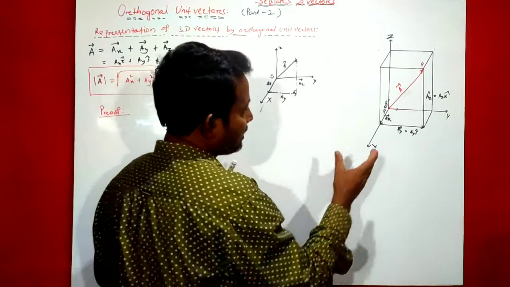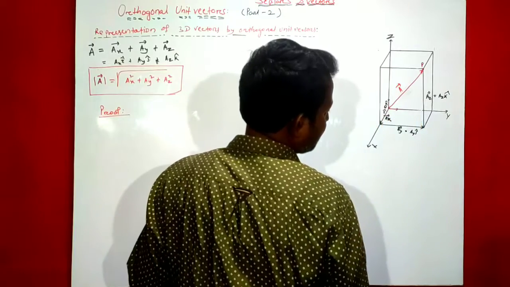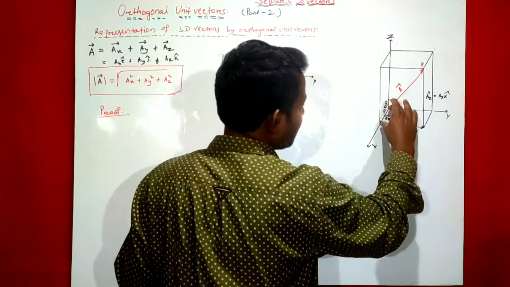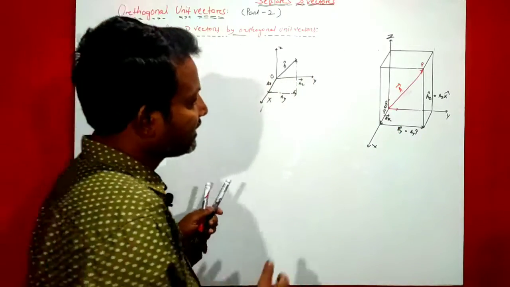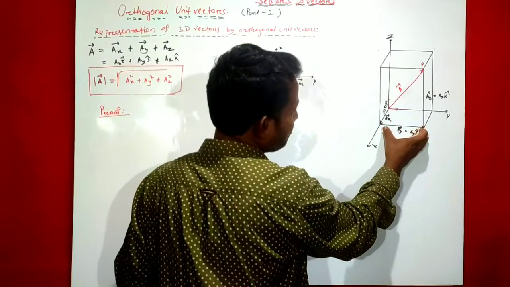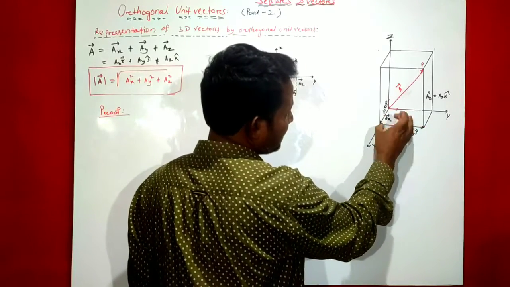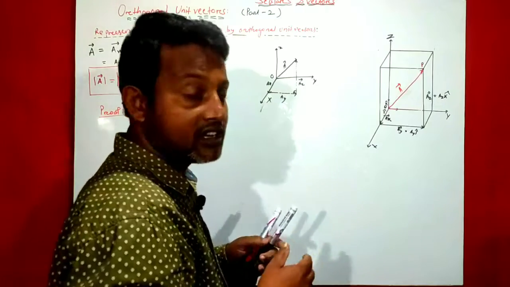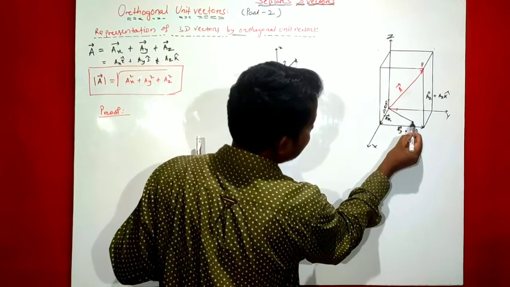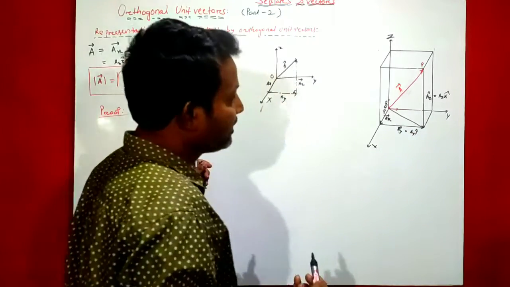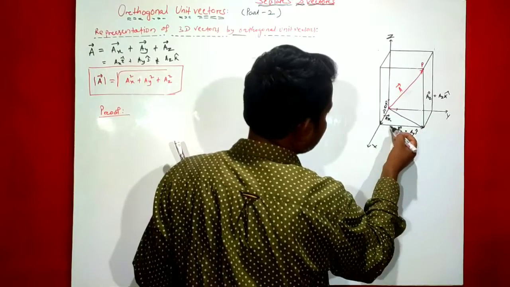Let's look. First we add the ay vector and the ax vector. That means first we add the component along the x axis and along the y axis. We find that these components are taken in the same order. Then their resultant will be the third side of the triangle.